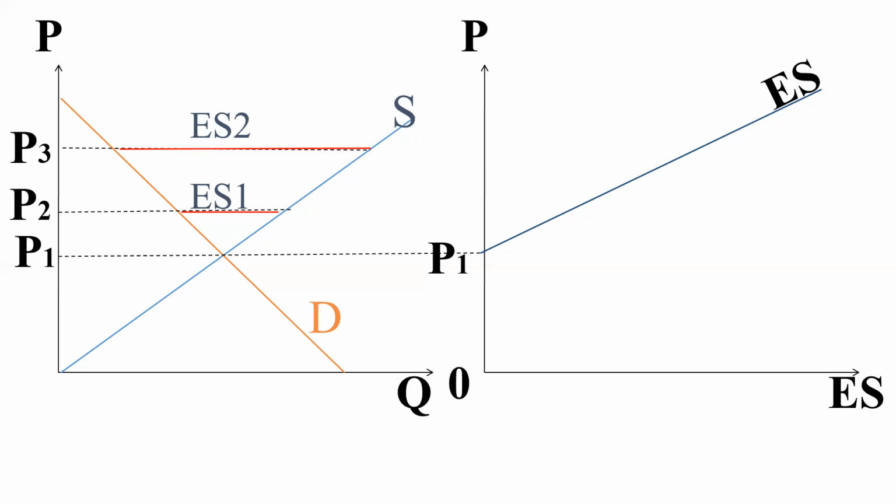Excess supply increases to ES1 when the price increases to P2.